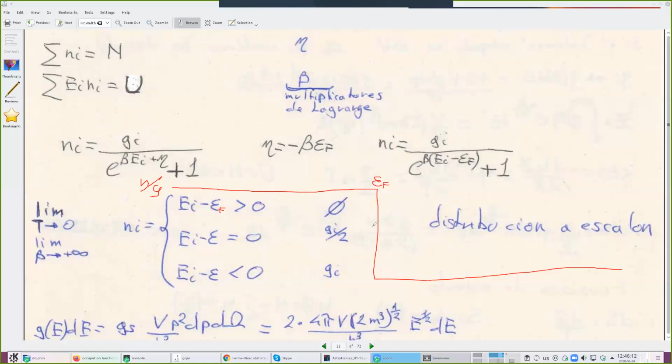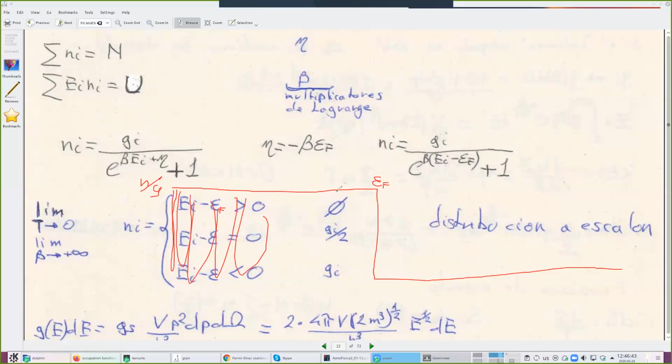So this shape is not dependent on temperature, just on the number of particles, because you fill up to a certain value, depending on g, that is epsilon, the Fermi energy.